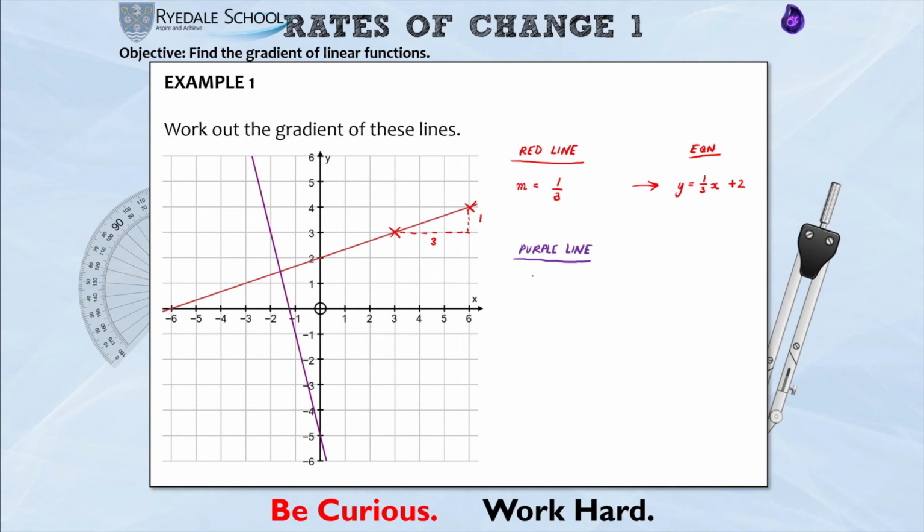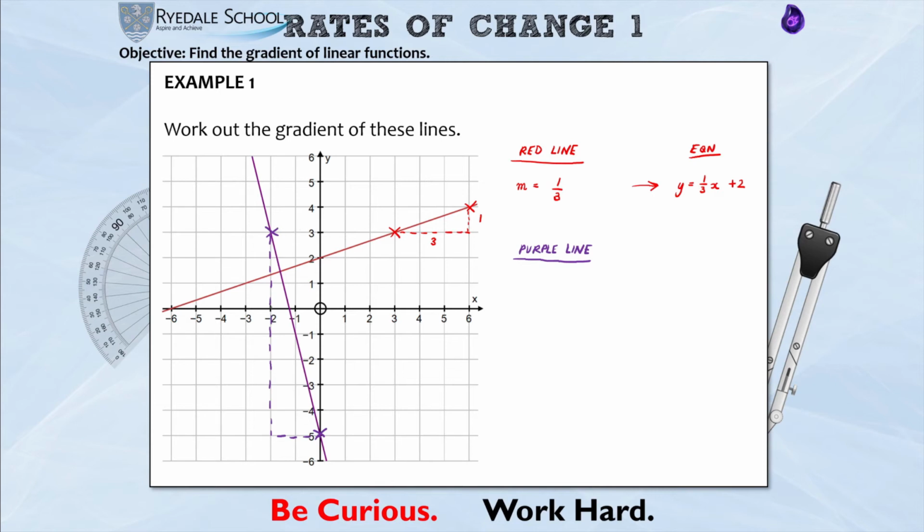What coordinates should we use? Well, there's not too much choice. I'm going to pick -2, 3, and I'm going to pick the one that's the intercept. So again, I'm going to draw in my triangle by drawing in a vertical and a horizontal.